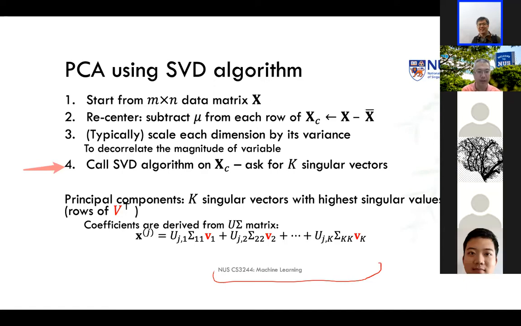The first k singular vectors, all right, that can use this, okay? And then we can derive these coefficients directly from the matrix, right? Or we have a weight matrix times the singular value matrix, and this will get us what we want to create the new vectors, right? Okay, so this is now the new approximated x that we have derived by using up to only the kth component in the space that we've reconstructed.